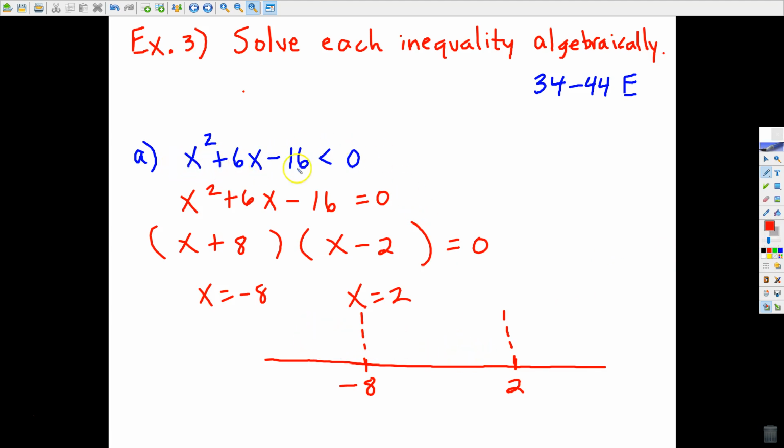And you're going to test the original blue inequality to see if that number makes this a true statement or not. So for example, I'm just going to choose negative 9. I'm going to plug negative 9 in for both of these x's, simplify, and when I plug negative 9 in for the x's, is it less than 0?